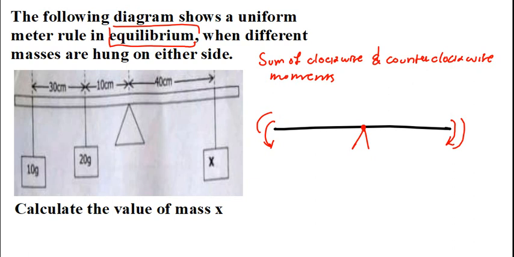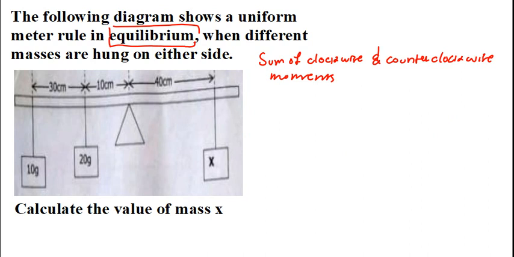So the sum of counterclockwise and clockwise moments, they need to be equal. That's one thing that we have to understand for us to be able to answer this question. Okay, so here we have three different masses, and one of the masses that you're looking for is mass x.